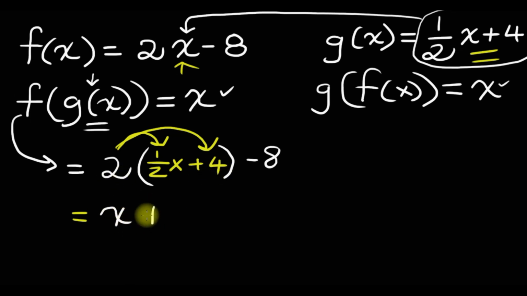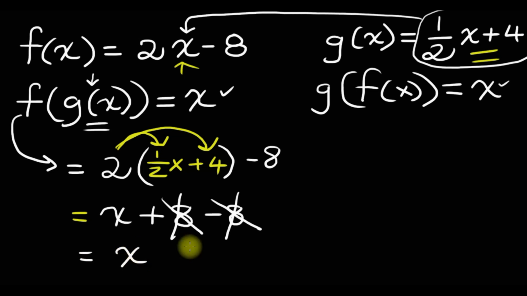And then 2 times 4 is 8, and then bring down the minus 8. So now positive 8 with negative 8, so those add up to 0, right? Okay, so you're left with just x. So this one is true.